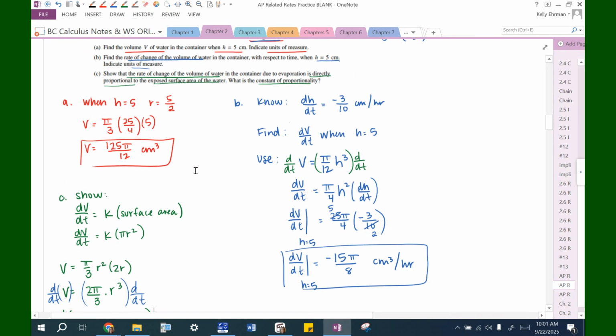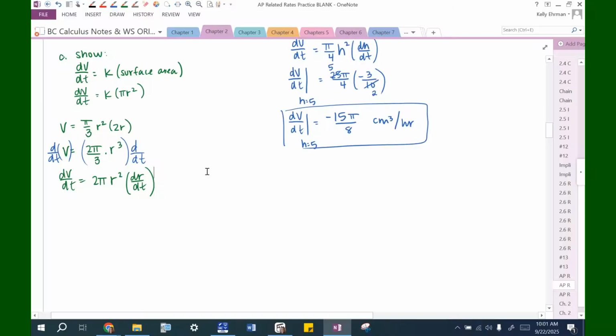Oh wait, now see, we don't have dr/dt. Let's keep going with this and see what happens. So dV/dt is equal to, here's our pi r squared, how about 2 dr/dt times pi r squared?